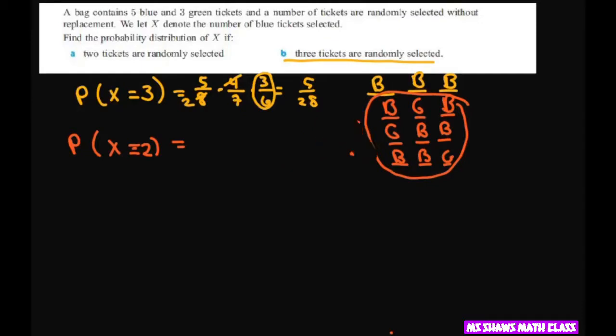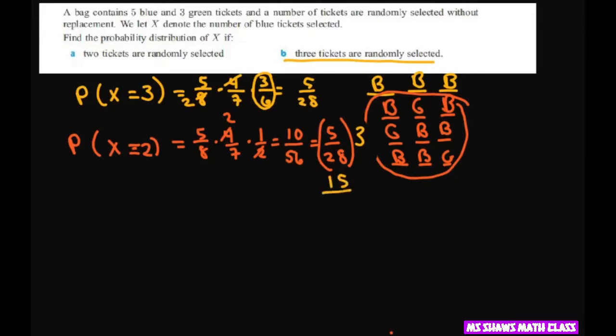Let's do this again. Basically, the 2 blues would be 5 out of 8, then 4 out of 7, then 3 out of 6, which is 1/2. That gives you 20 out of, let's reduce that by 2, so that would be 10 out of 56, which reduces to 5 out of 28. But there's 3 possibilities, so you multiply this by 3. That's going to give you 15 out of 28. I'm sorry about that.